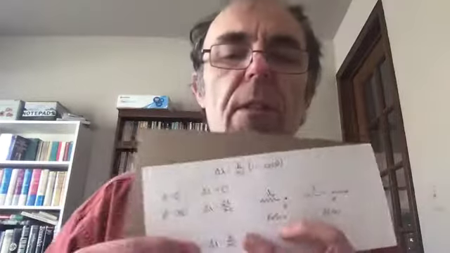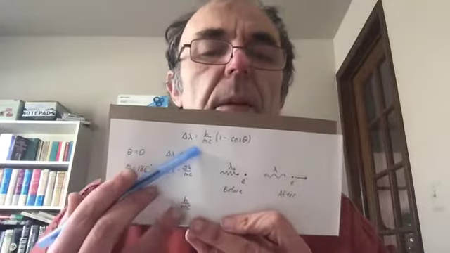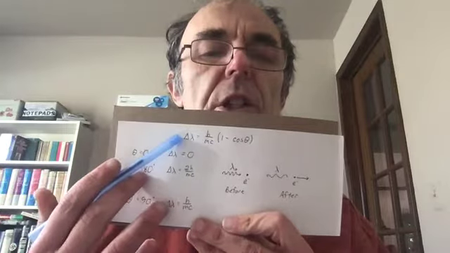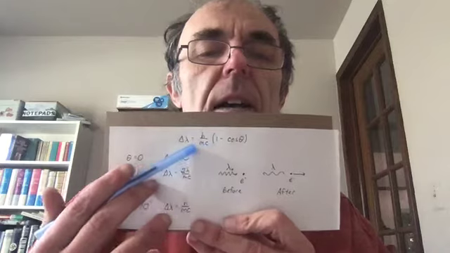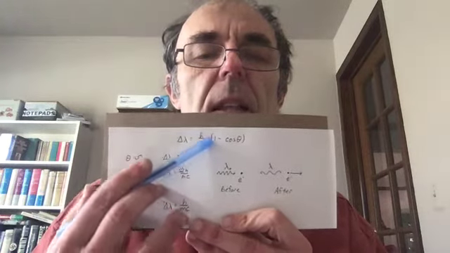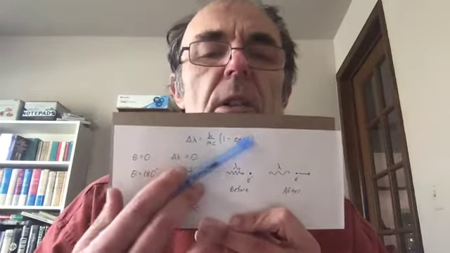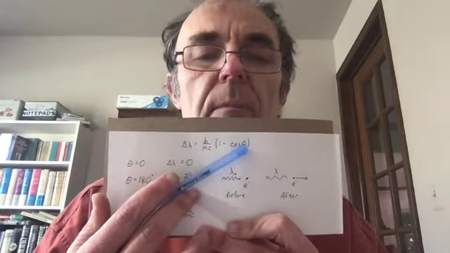He was able to derive his formula, and this is another formula we're not going to derive here in class: delta lambda, the change in wavelength, is h over mc times 1 minus cosine theta. H is Planck's constant, m is the mass of the electron, c is the speed of light. Remember, theta was the direction of the scattered photon.